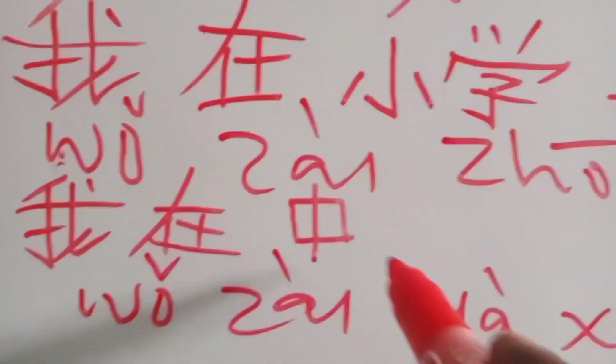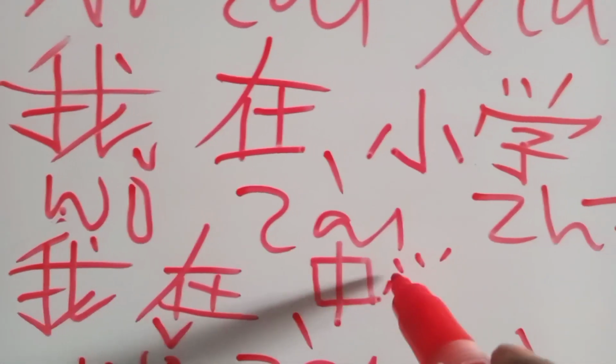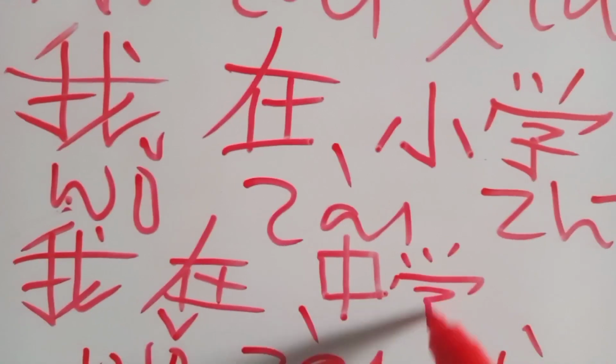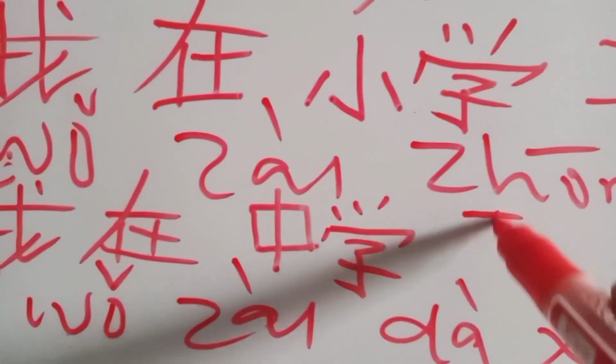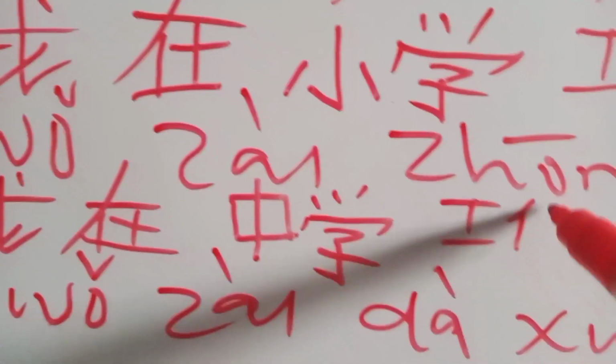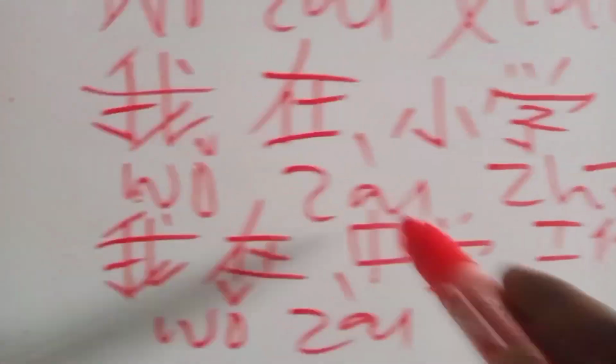This is 中. 中学. The 学 we just wrote. 中学工作. We are writing 工作 again. 我在中学工作. 我在大学工作.